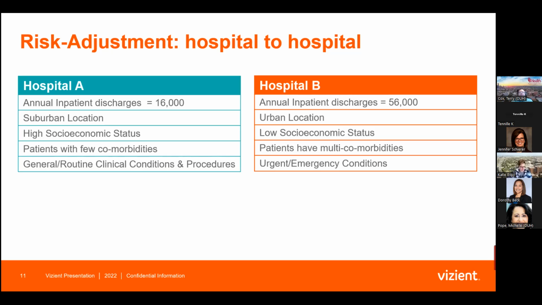Hospital B, in contrast, is more like the OU Med Center, a typical academic medical center in an urban location, has a much higher patient volume, diverse patient population, and many come in for urgent or emergency conditions or procedures. So as such, the number of expired patients is higher, or 2.5% of their patient population. So if you look at the observed mortality rates, hospital A is doing better than hospital B.